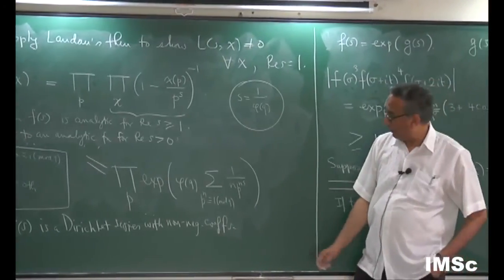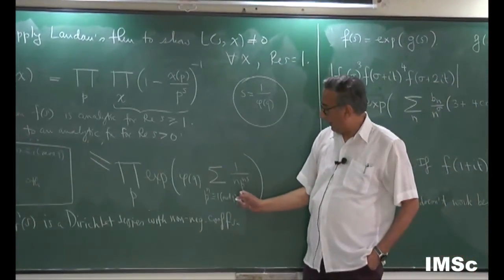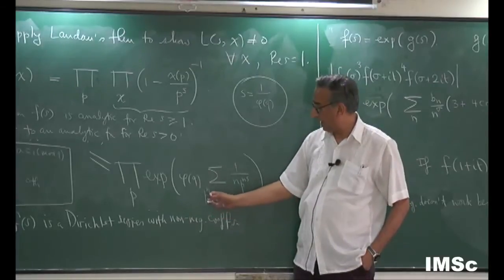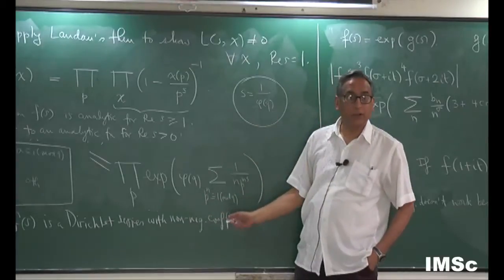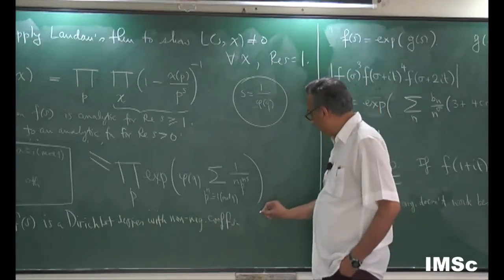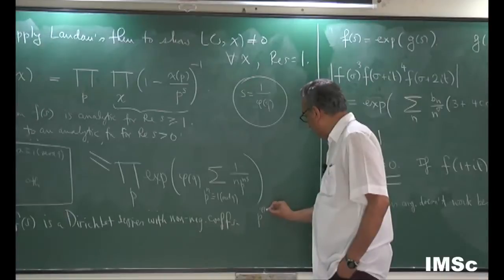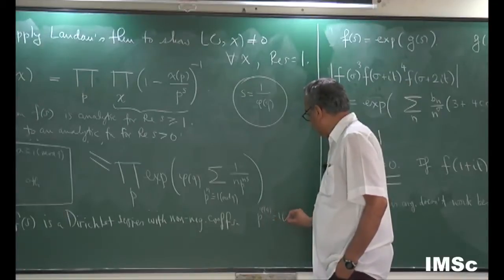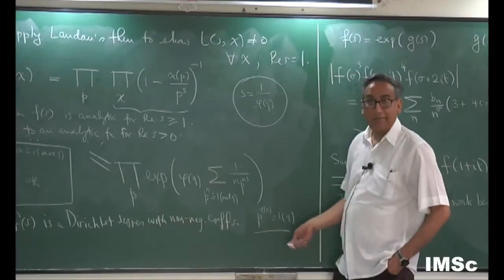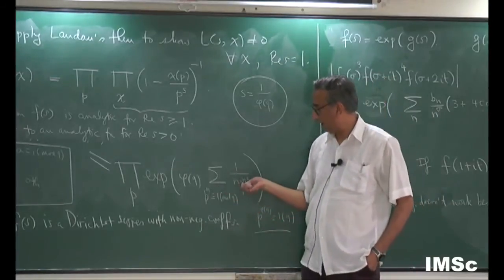Okay. Now, notice that every prime satisfies this congruence with n equals phi of q. That's Euler's theorem. Euler's theorem tells you that p to the power phi of q is always congruent to 1 mod q, right? So that means every prime is going to appear here.